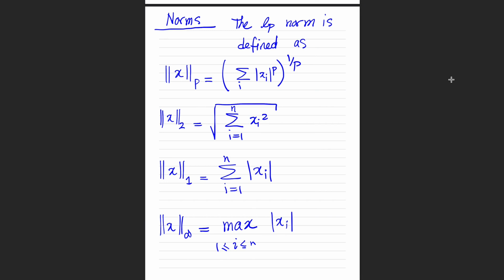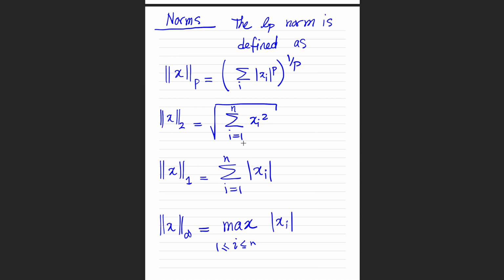Norms allow us to measure the size of a vector. There are different norms, and the Lp norm is defined in this way. Essentially, we write these two lines, and then we have this p, and it's the sum of absolute values to the power of p, all to the power of 1 over p.